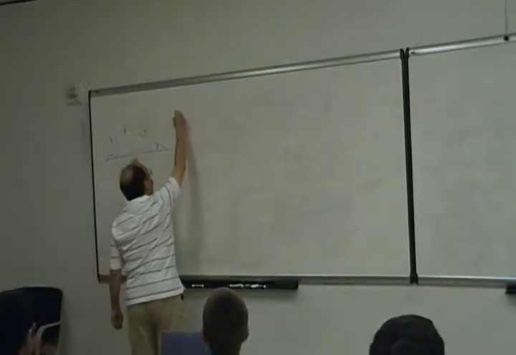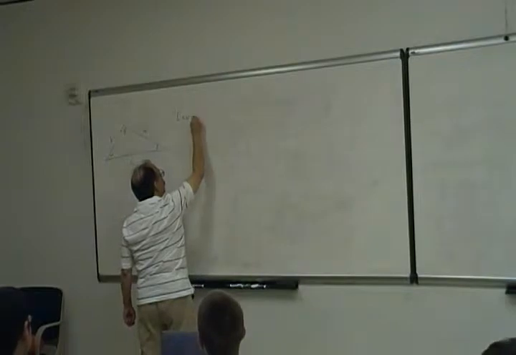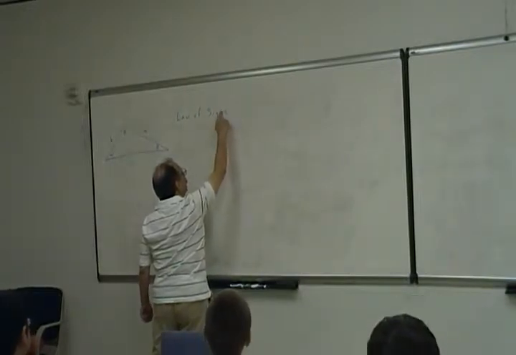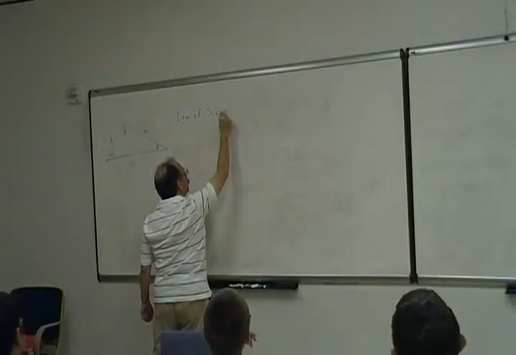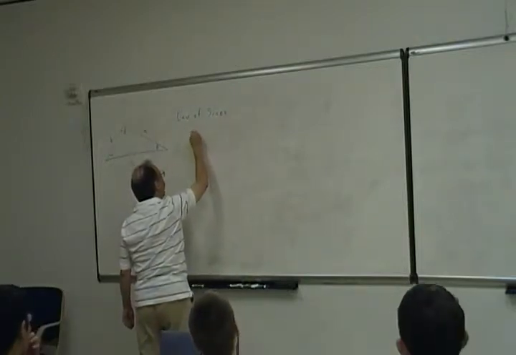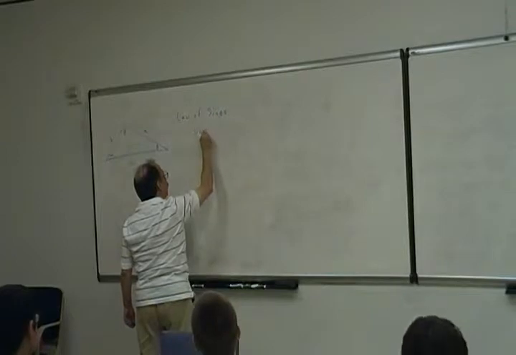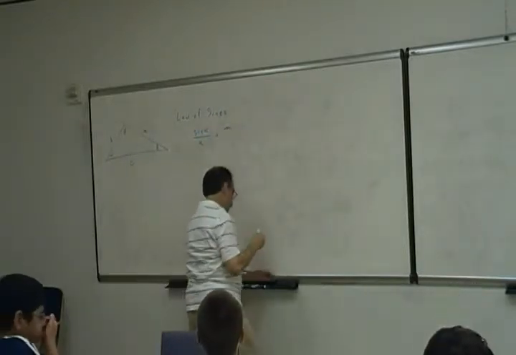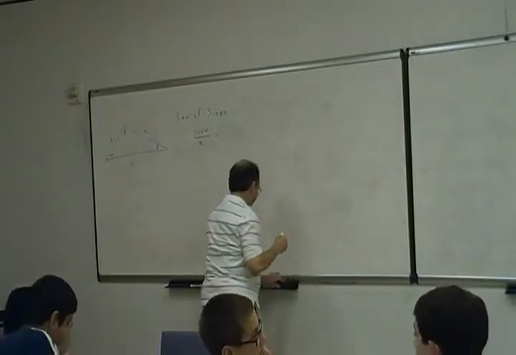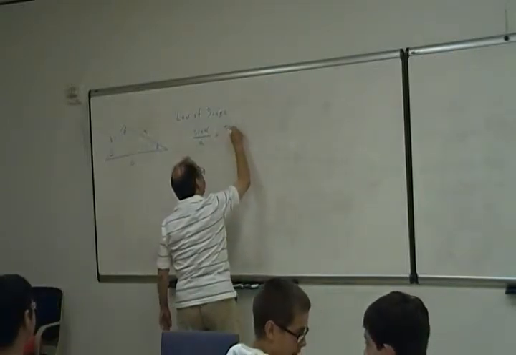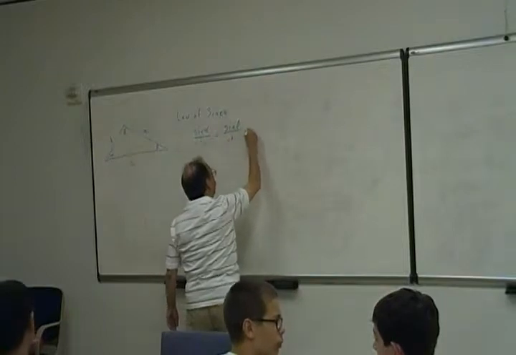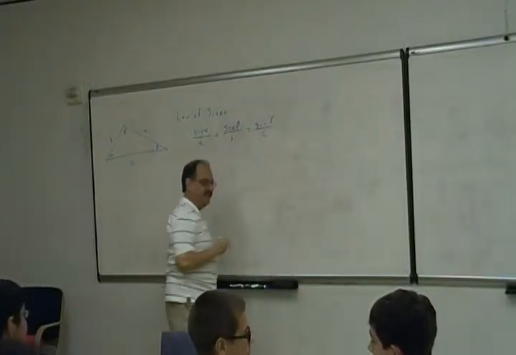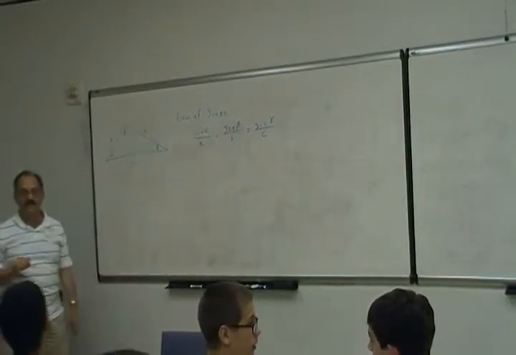The law of sines says sine alpha over A equals sine beta over B equals sine gamma over C. That's the law of sines.